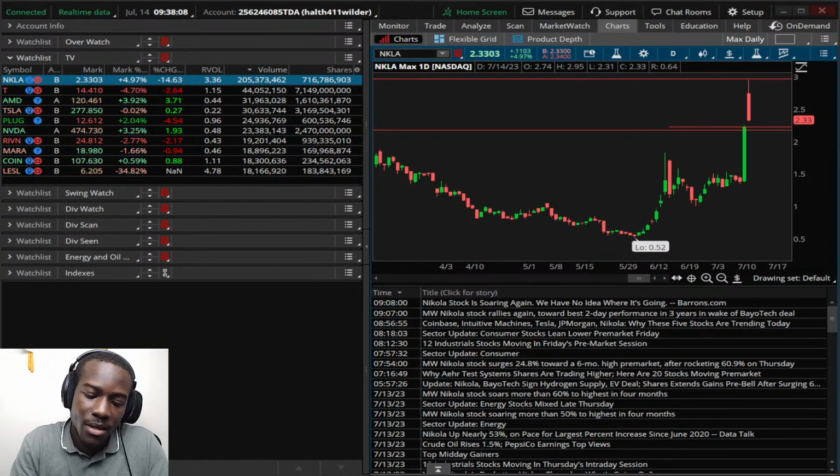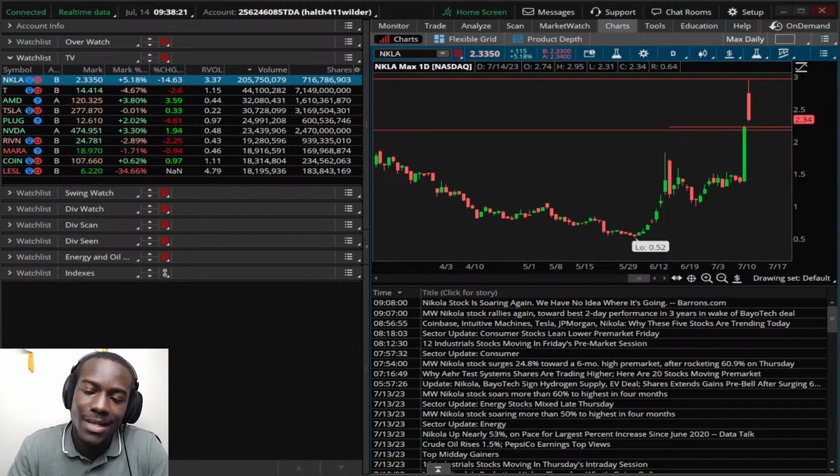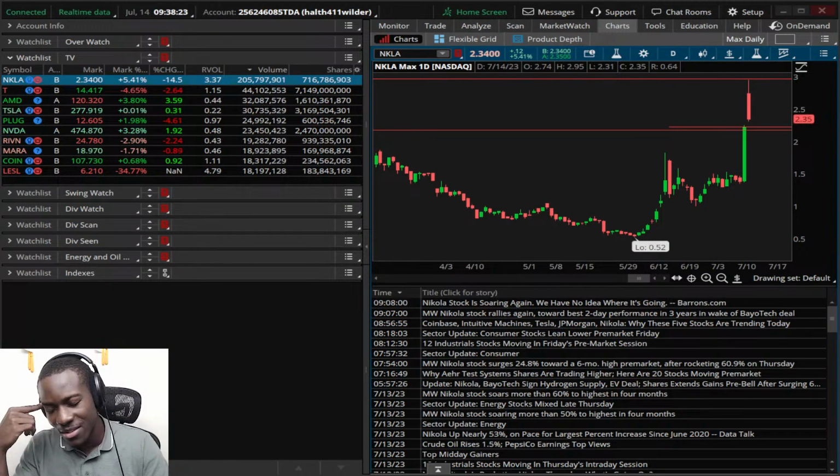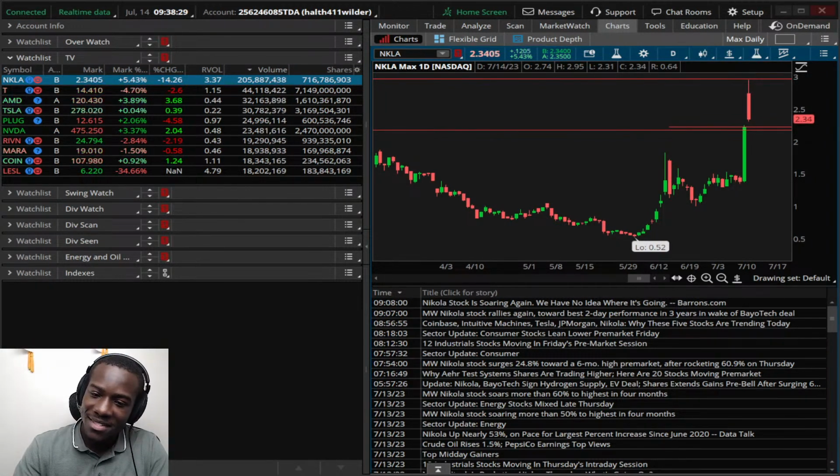Maybe I'll just take small size. That's what I'll do. Even though it's a cheap stock, I'm gonna take small size. 40s. No, I just can't. I'm fighting internally with the rules that I follow. I'm not gonna do it. I'm not getting trapped in there. I'm taking it off.